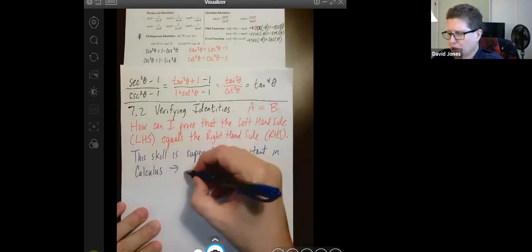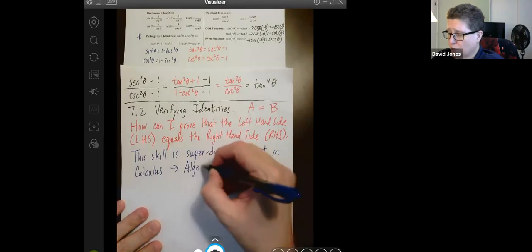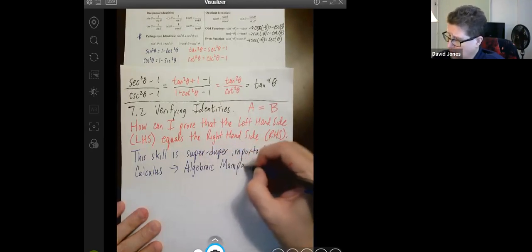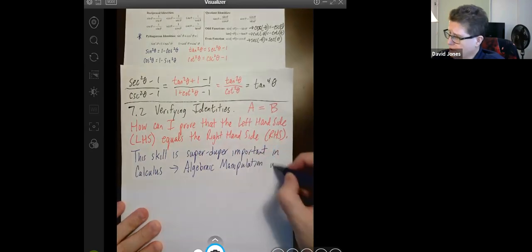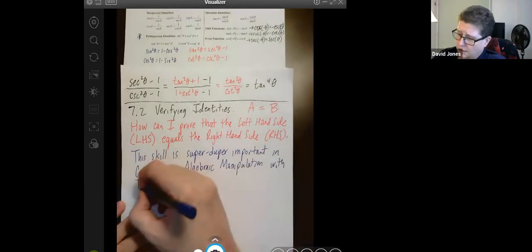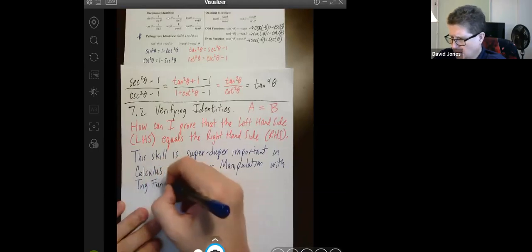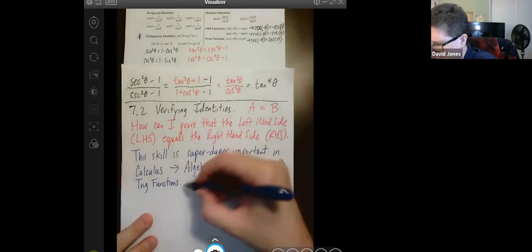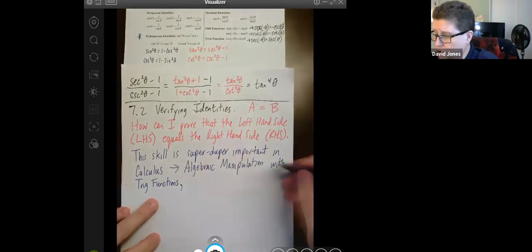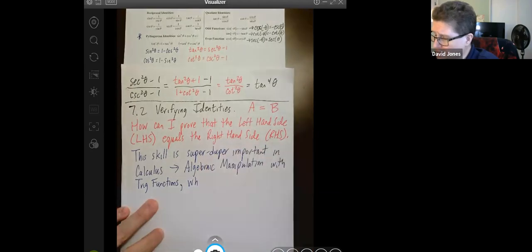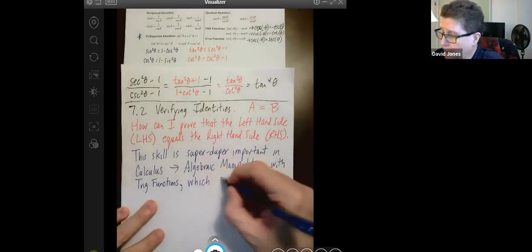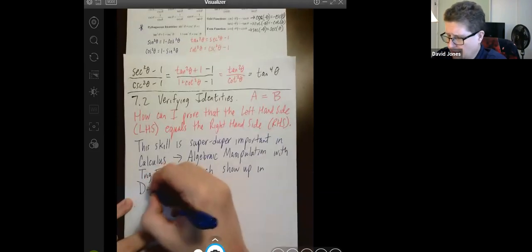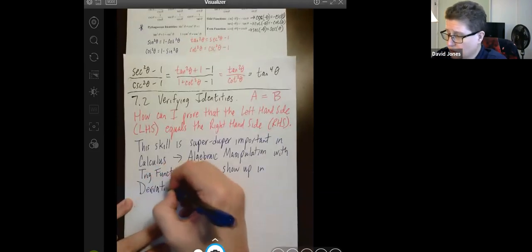What we're effectively doing is algebraic manipulation with trig functions, which show up in derivatives and integrals all the time.